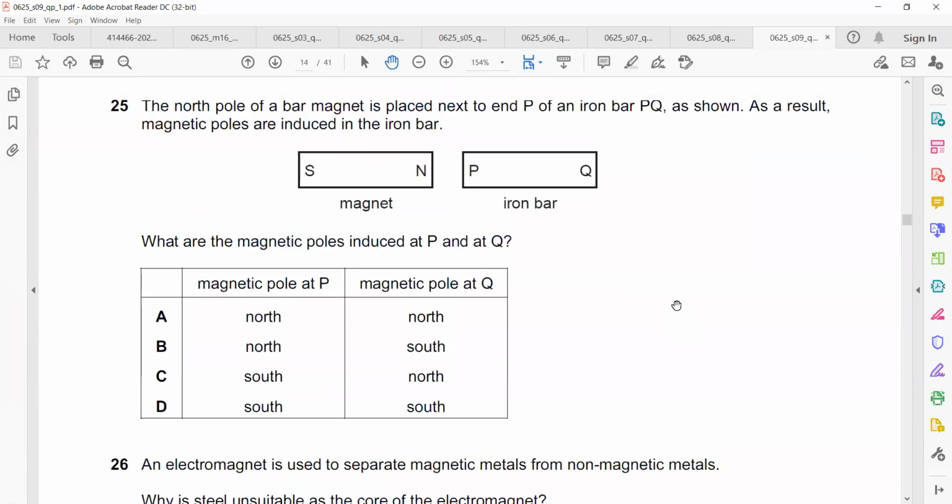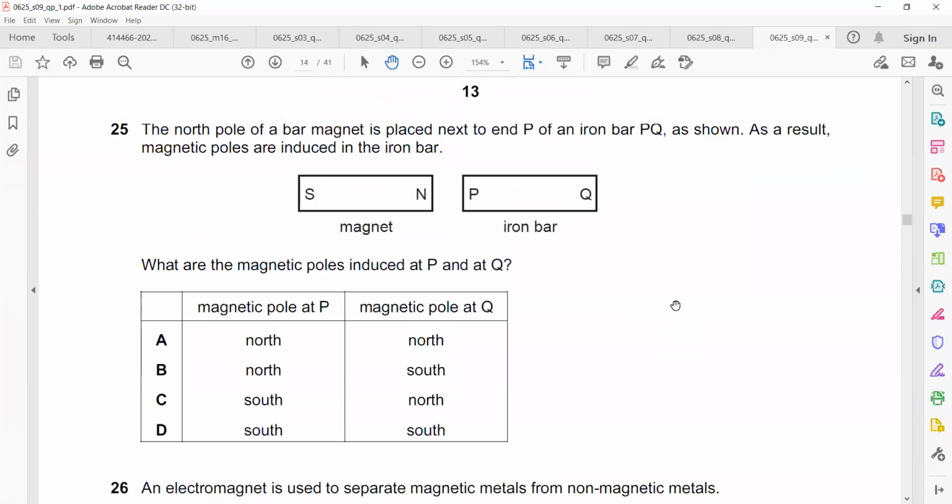Question 25. Iron is a magnetic material used to make a temporary magnet. What could be the answer for question 25?